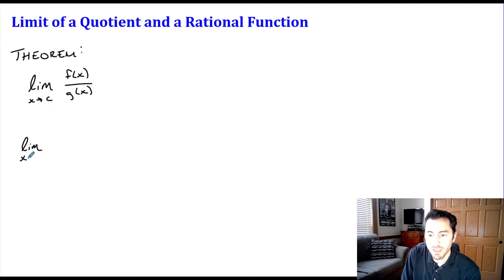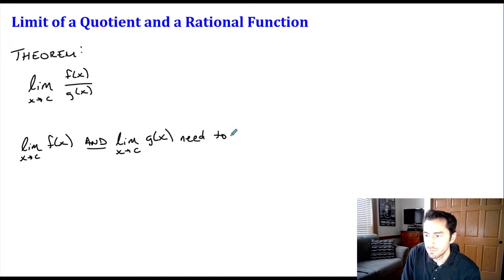So the limit as x approaches c of f of x and the limit of g of x, both of these limits need to exist. So that's the first piece.